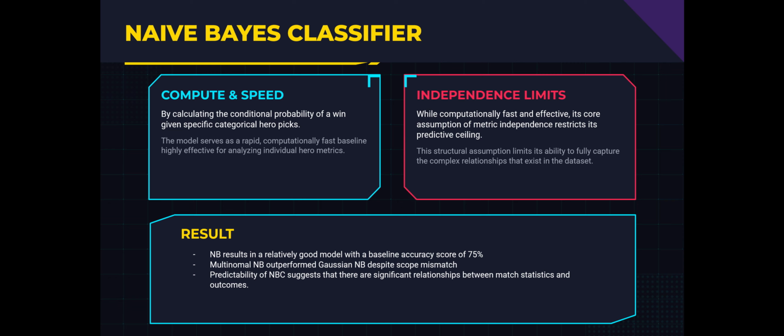The predictability of this classifier suggests that there are significant relationships, even with independence assumptions, that we're able to predict the outcome to such a high degree. It speaks volumes about the relationships that lie within the data.